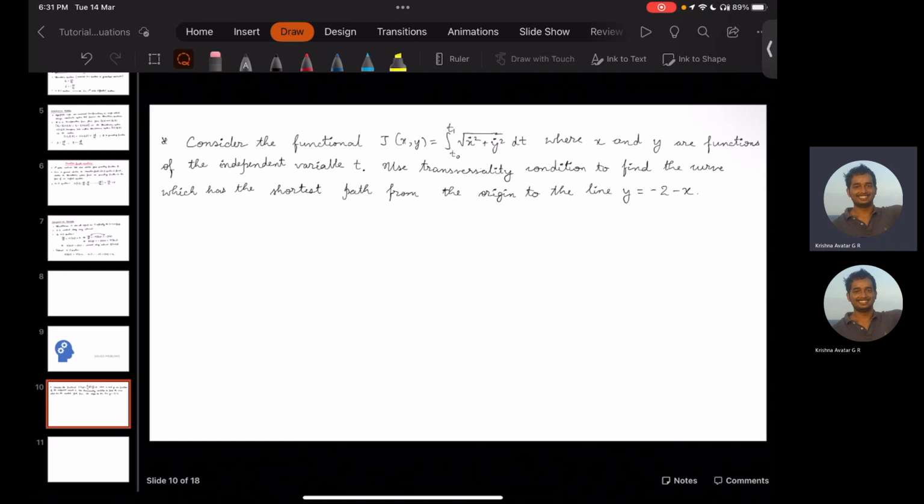Use transversality condition to find the curve which has the shortest path from the origin to the line y = -2 - x. Fine. So let's begin solving this problem.